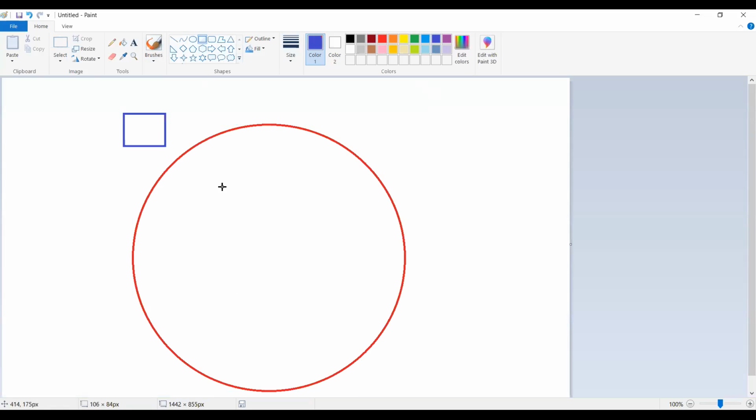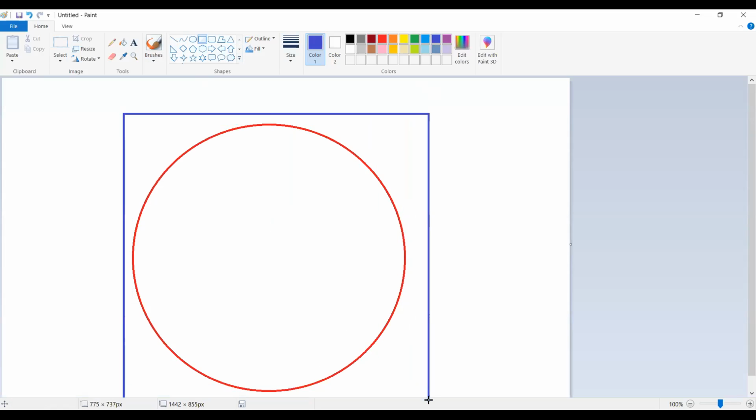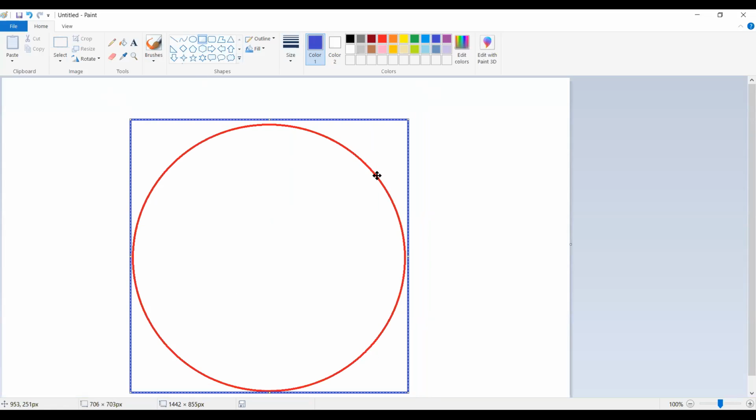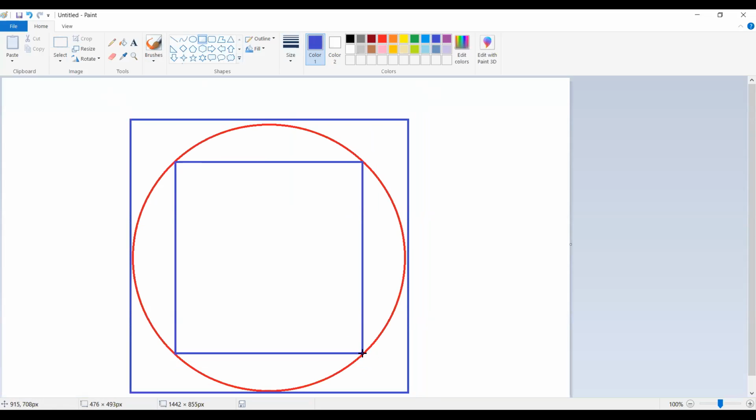We'll take a square outside, and then I can take a square inside and try to get some bounds with this.